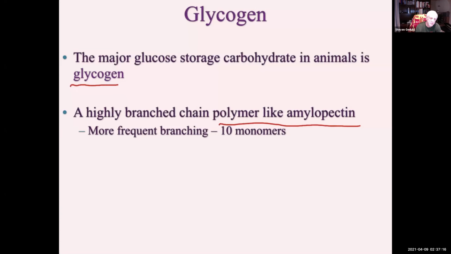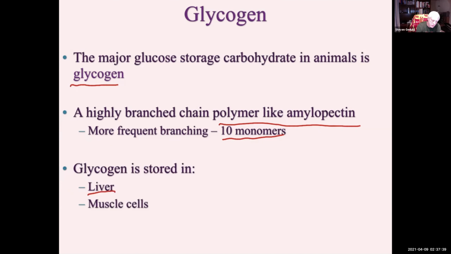Remember, amylopectin branched every 20 to 25 glucose units. Glycogen branches every 10 glucoses. Okay. Glycogen is stored in the liver. Okay. It is stored in muscle cells.